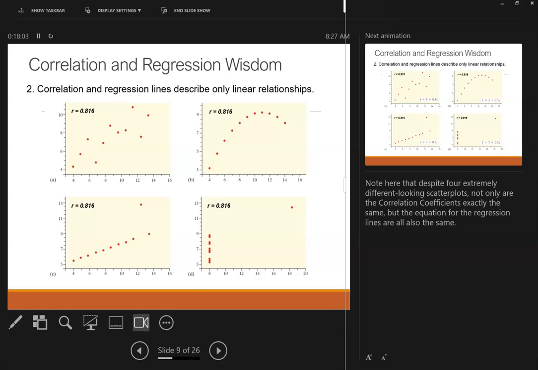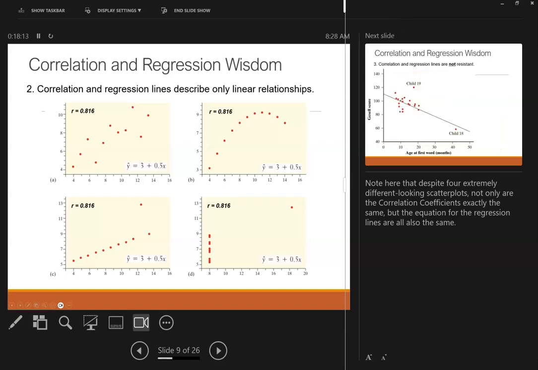When stuff looks like this, it's pretty good. But if you have some kooky, crazy stuff, maybe not that great of a measurement. And in fact, each of these all have the same best fit line as well, which is crazy to think about.